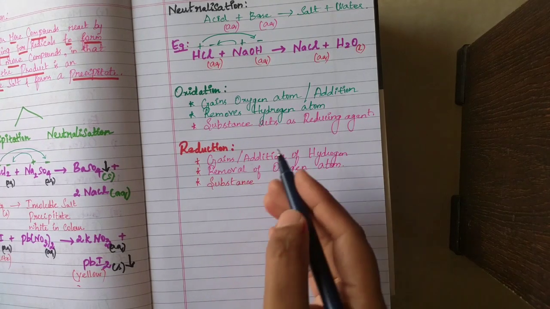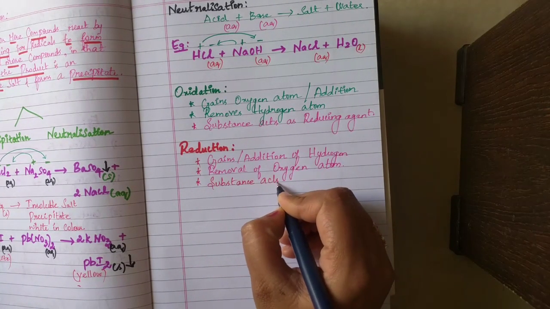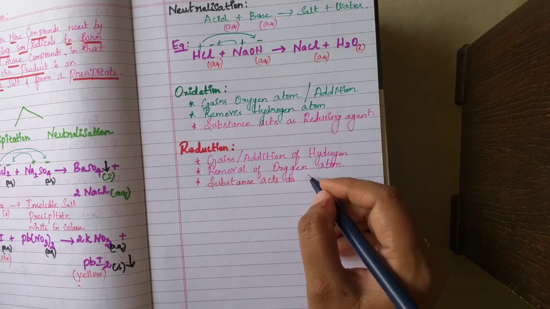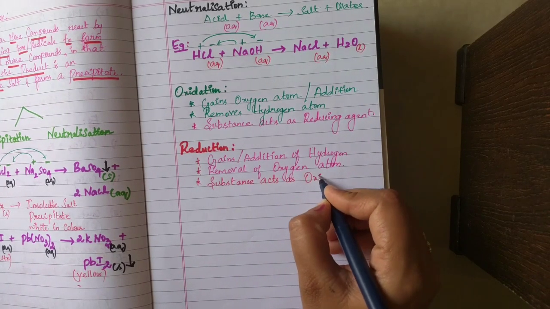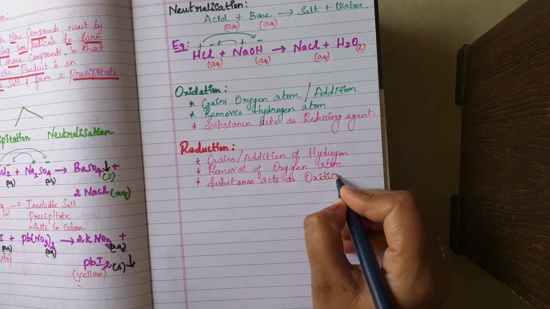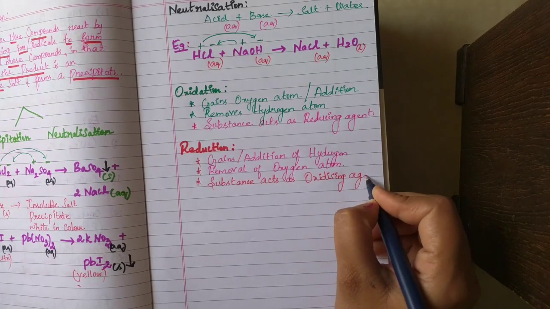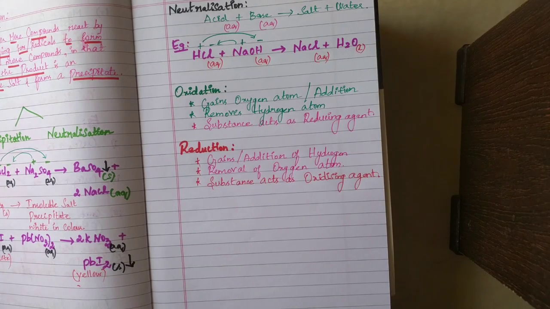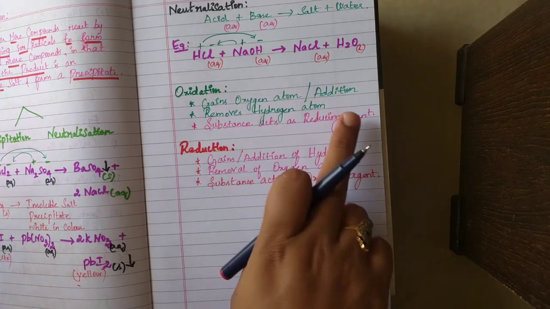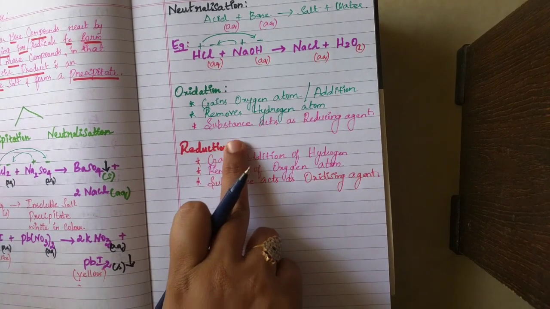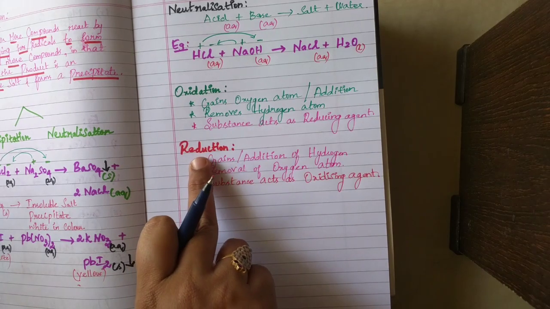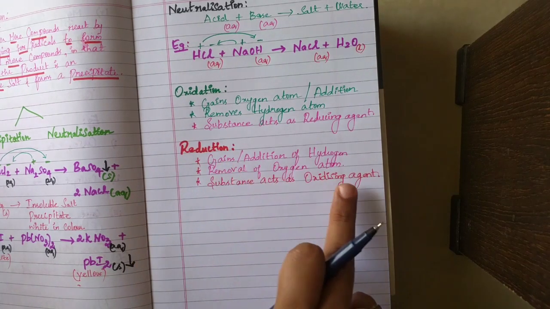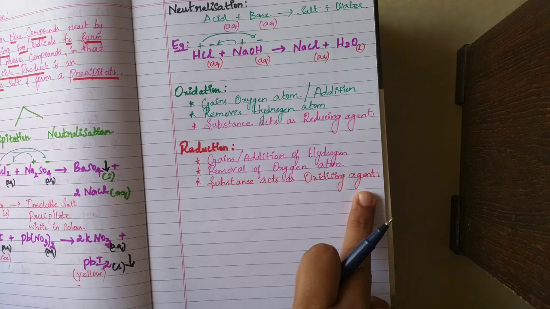In reduction, the substance acts as an oxidizing agent. So clear? A simple trick I am giving: in oxidation, the agent is the opposite. Reduction takes place means the agent is the opposite, the oxidizing agent.